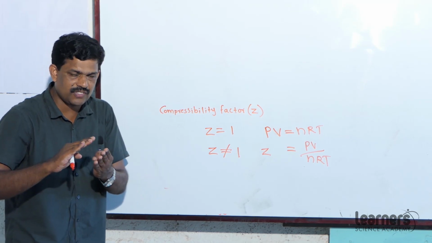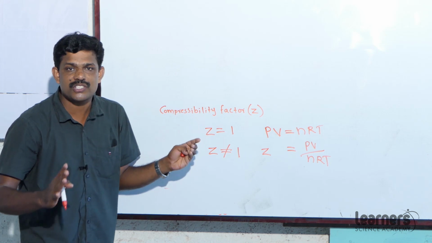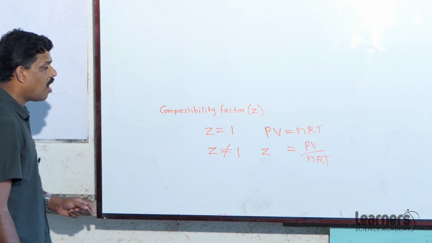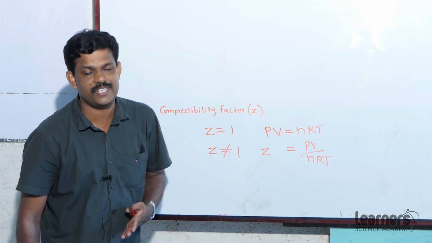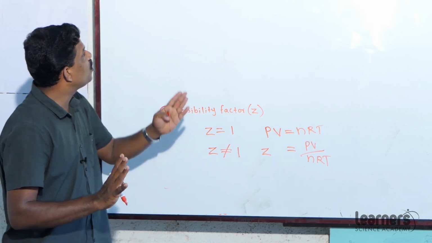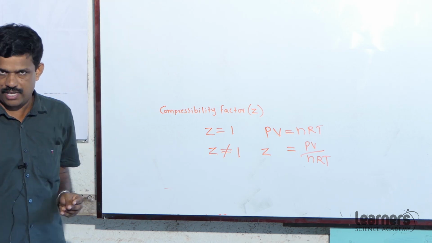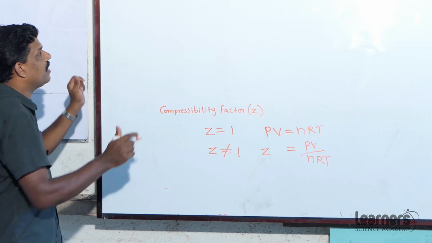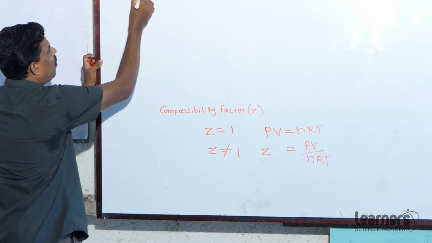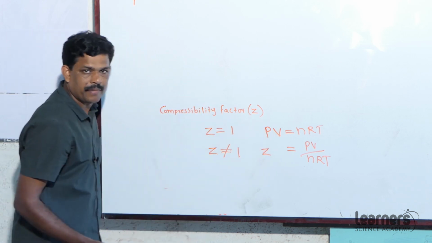When the distance from 1 increases, the deviation also increases. Van der Waals studied this ideal gas equation well, and he found that there are 2 faulty assumptions in kinetic molecular theory. He corrected the ideal gas equation by providing correction factors to pressure and volume.